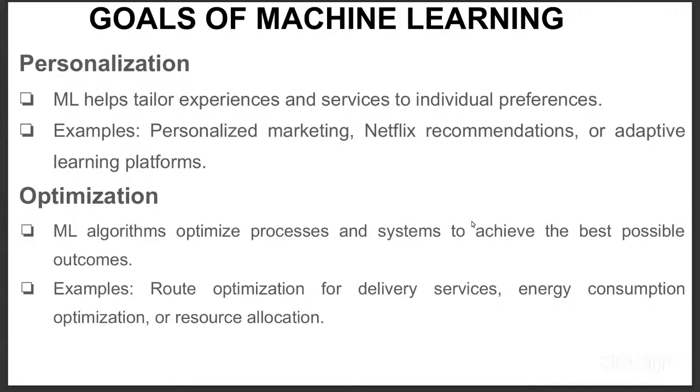Next, optimization. Examples are route optimization for delivery service, energy consumption optimization, and resource allocation. Let's take the Google Maps example.